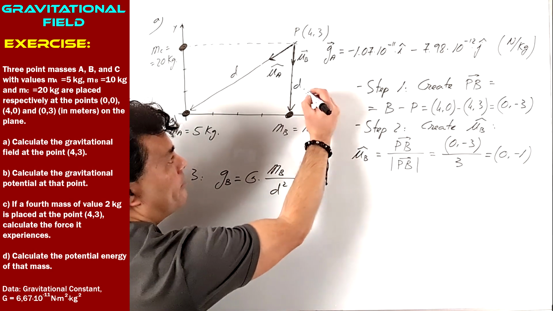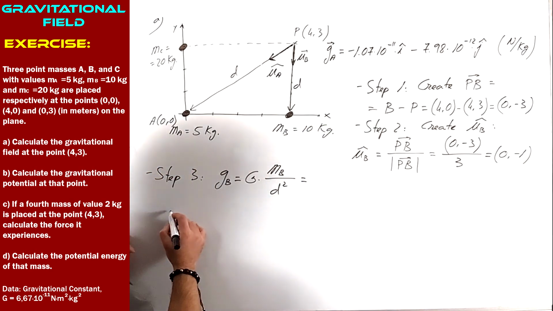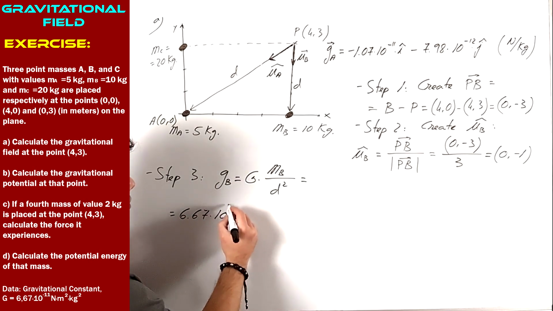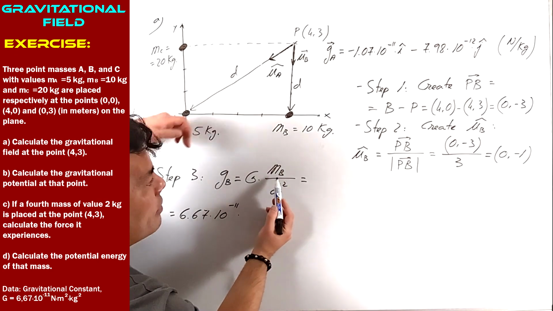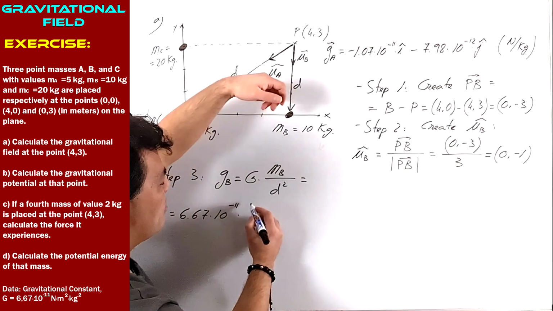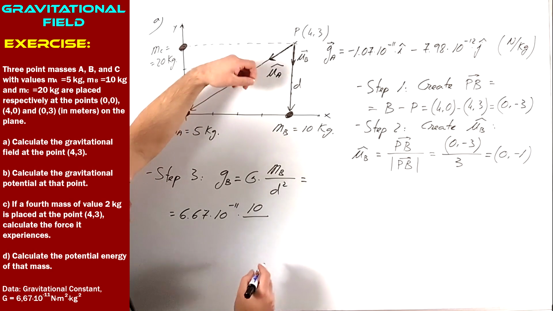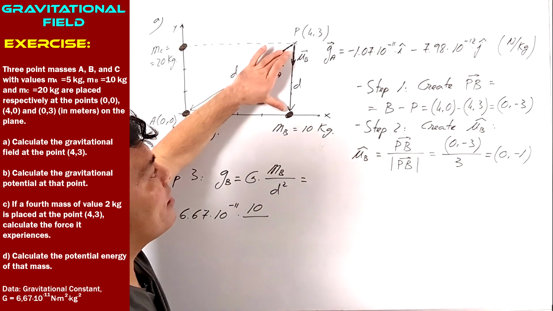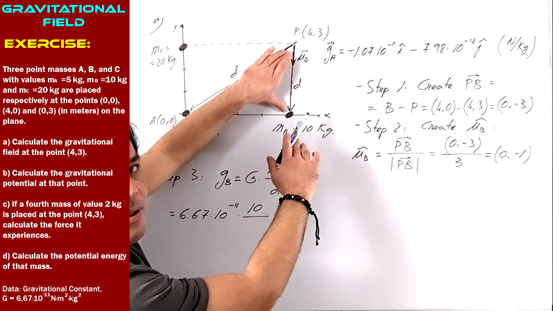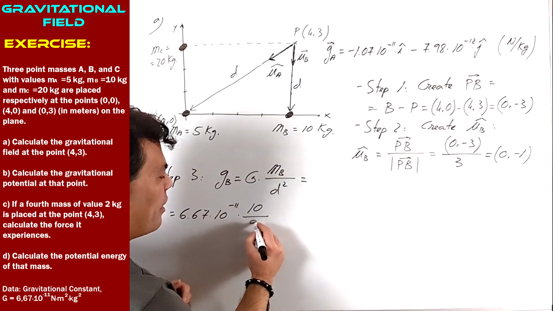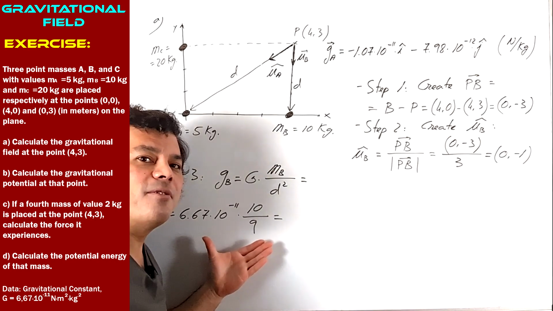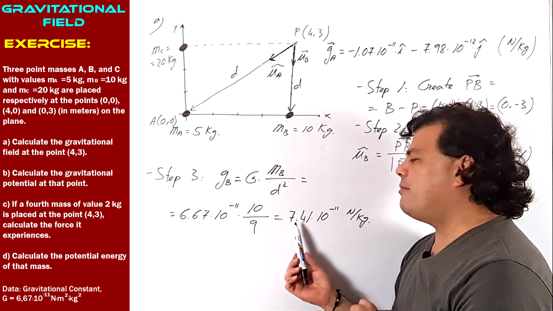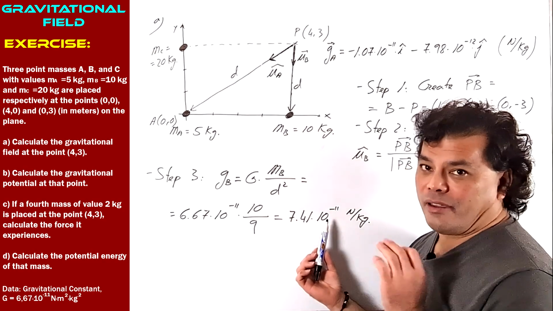That is 6.67 times 10 to the negative 11, multiplied by the creating mass, 10 kilograms in this case, divided by this distance squared. This distance is 3 meters, so 3 squared, 9. And now it's time to use the calculator. If you did it carefully, I hope you obtain 7.41 times 10 to the negative 11.